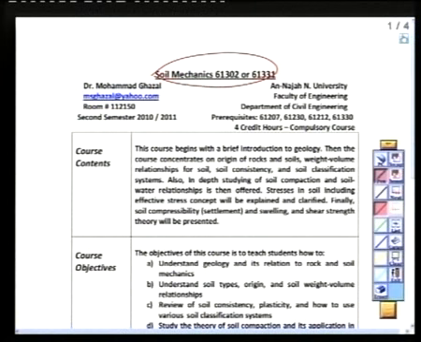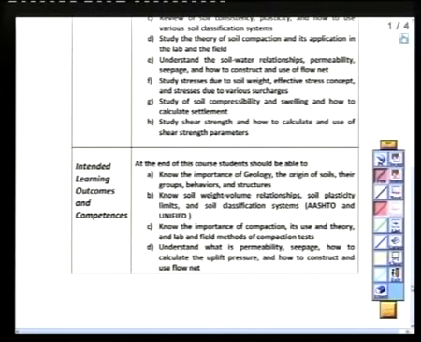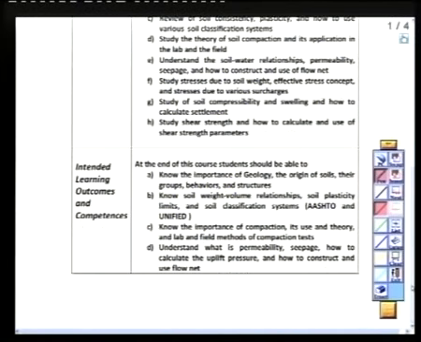the title is Soil Mechanics. But when we go to the course outline, the textbook, I think it will come on the second page.